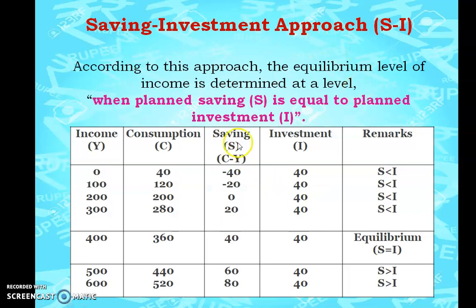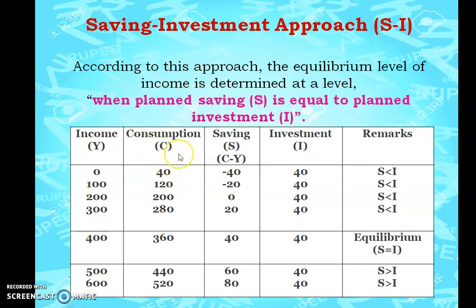Yes, ma. So according to this approach, we will be in an equilibrium position when the savings is equal to the investment. Okay, so these are also assumed figures that I have taken into consideration. Your income has to start from 0 and it has to continuously increase. When we represent income, it will have 45 degrees in the graph.